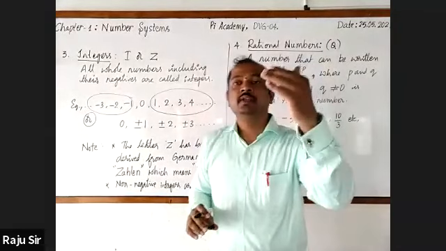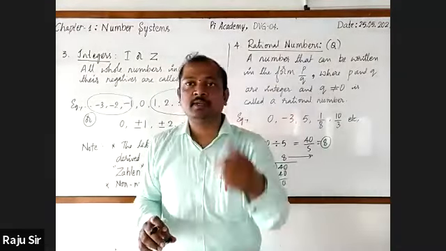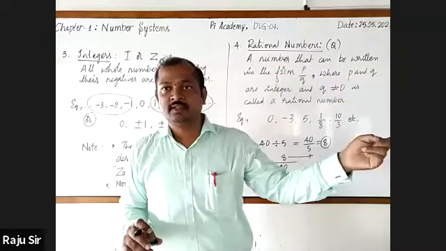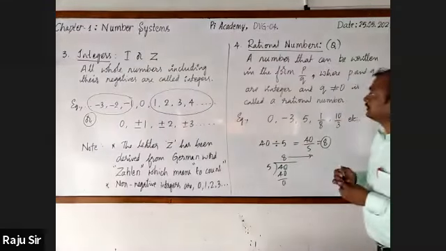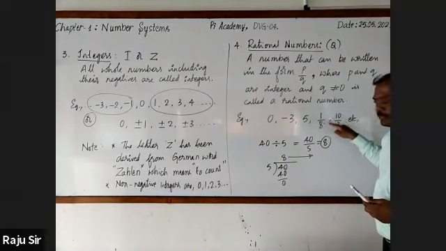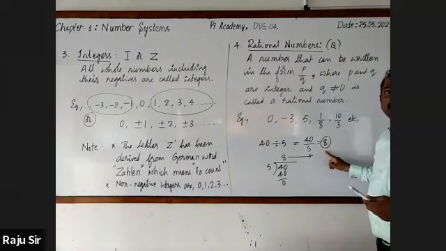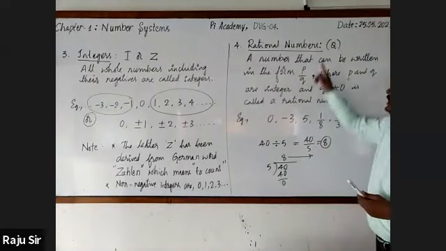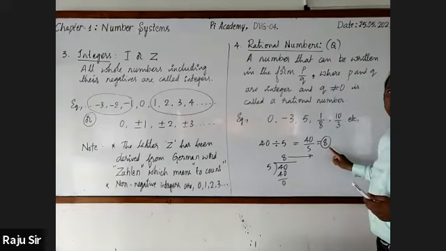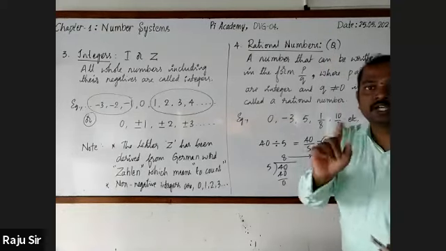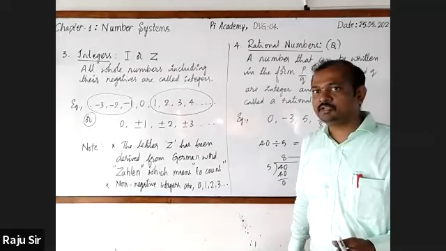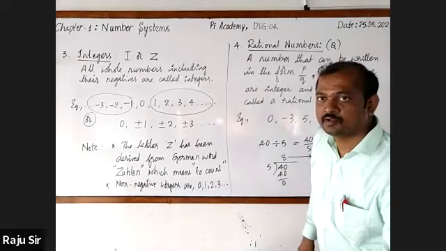So when you divide a number by another number, you get a quotient. Hence, as rational numbers are to be written in the form P by Q, you get the quotient. Therefore, the letter Q has been taken from the word quotient. Have you got it? Yes, sir.